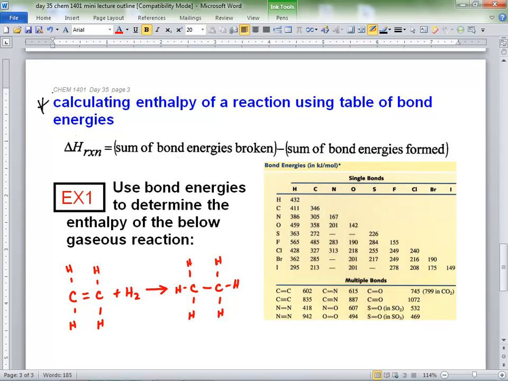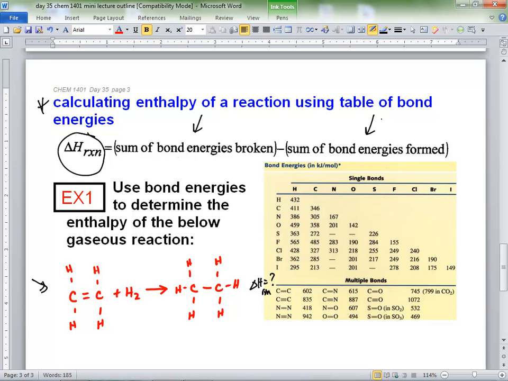Here's a reaction, and all we want to do is find delta H for this reaction. Make it a thermochemical equation. What's the enthalpy? Is it endothermic, exothermic, that sort of thing? And they're just saying that you can find delta H by adding up all the bonds that you have to break, add up all the bonds that you have to form, and just subtract the two.